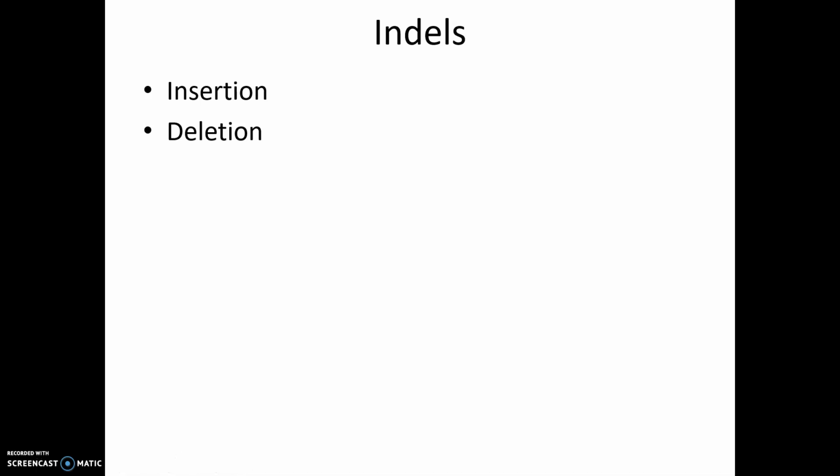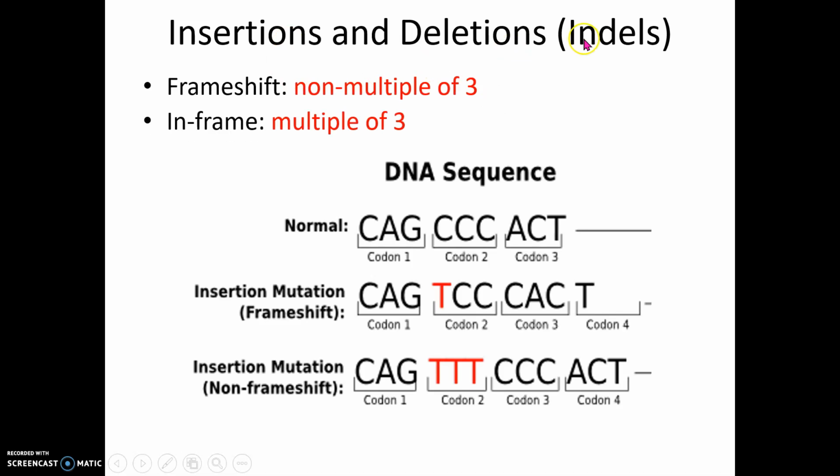Now we're going to talk about insertions and deletions, also known as indels. These occur in two types. Are they frame shift or are they in frame? So think about the reading frame. So when we talk about the frame here, we are referring to the reading frame. So if it is a frame shift, it's a non-multiple of 3. Why? Because our reading frame is in codons, or every 3 nucleotides. Okay?